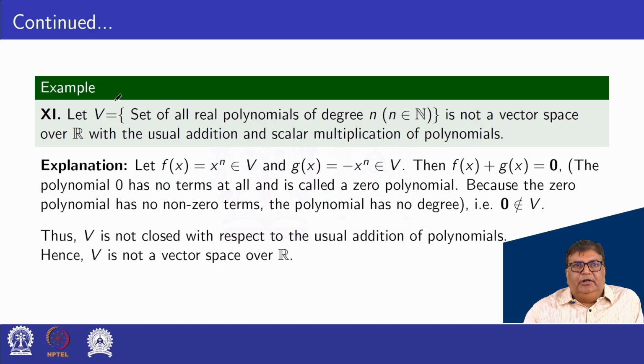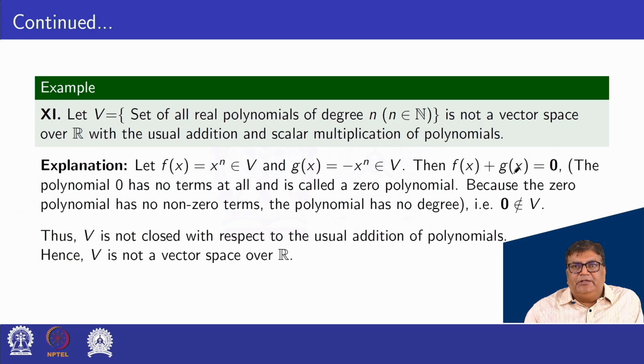Next example: let V be the set of all real polynomials of degree n. It is not a vector space over R with the usual addition and scalar multiplication of polynomials. Explanation: let fx is equal to x to the power n and gx is equal to minus x to the power n belonging to V. Both are polynomials of degree n.